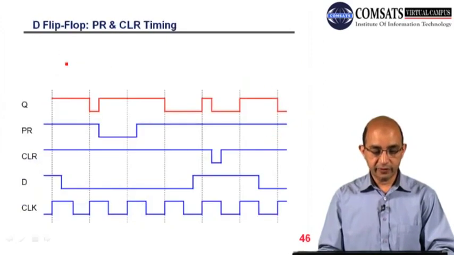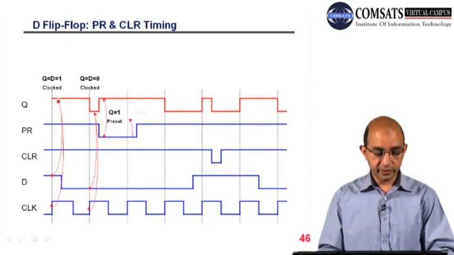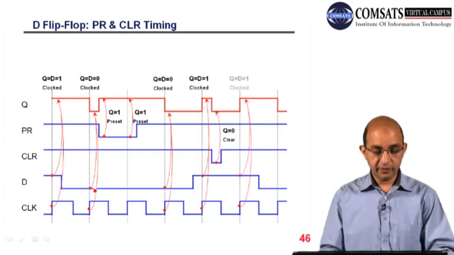When D is high and clocked, Q follows D. With preset high and clear high, we have the same normal operation of the D flip-flop, so Q follows D, and because D is low, Q will be low.